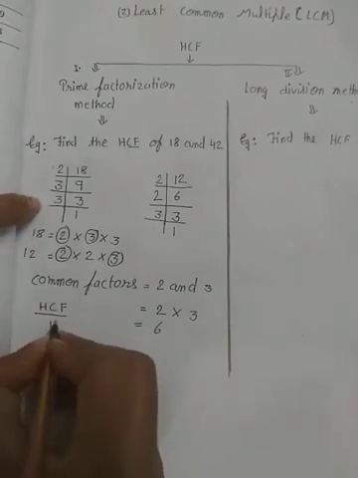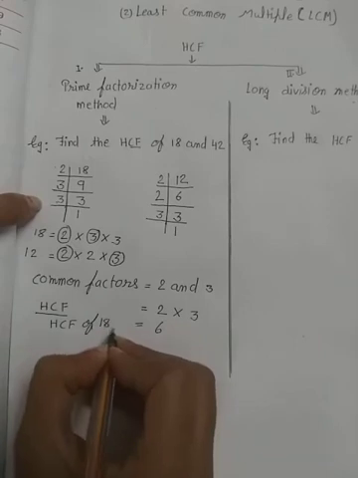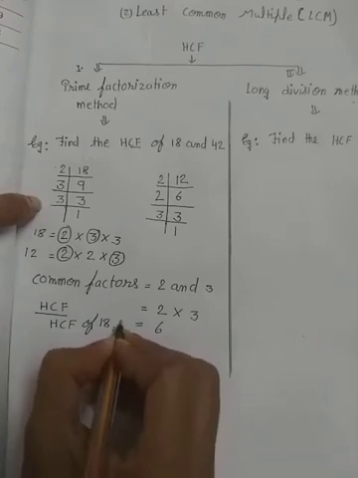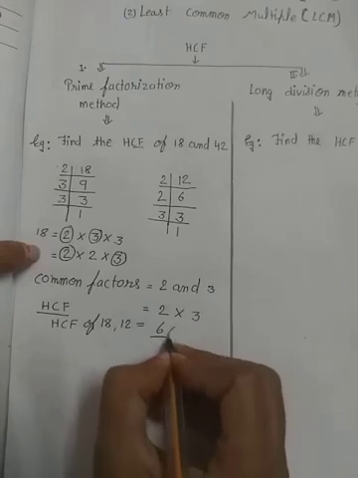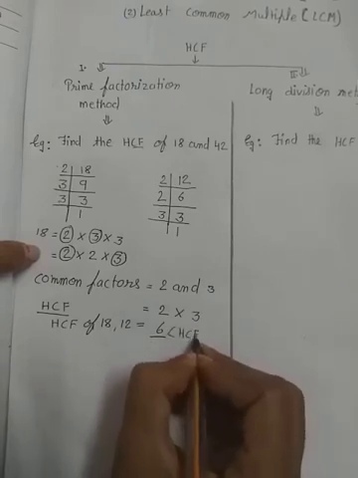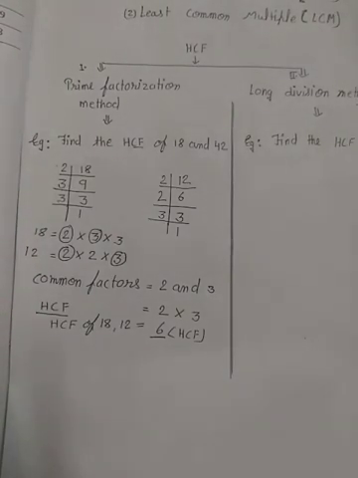So the HCF of 18 and 12 is 6. This is the highest common factor, that means HCF. Okay students.